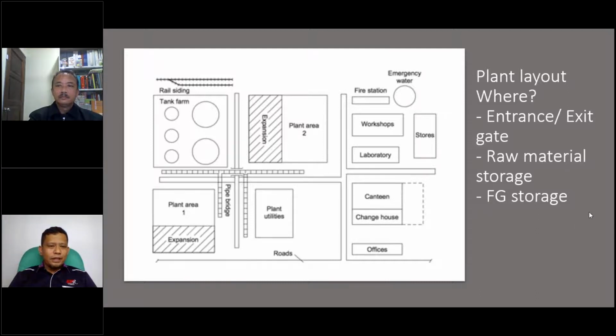We have the plant area, where maybe the reactor sits here, maybe this is the blending machine, maybe here is a mixing machine. Then they have a lab, quite common, and for the plant normally they have a workshop and a store.